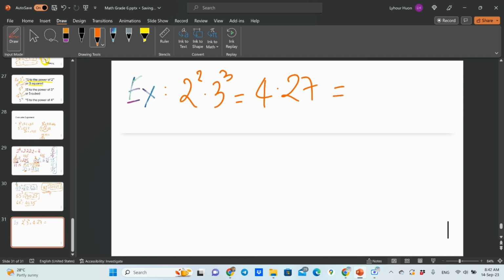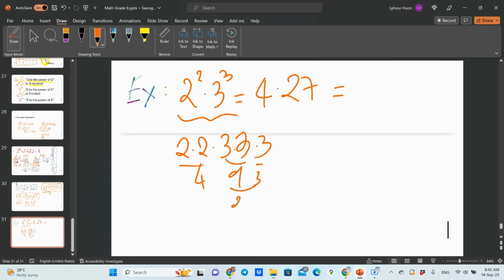So this means 2 times 2, and 3 times itself 3 times. And then you just do the multiplications. This is 4, this is 27.